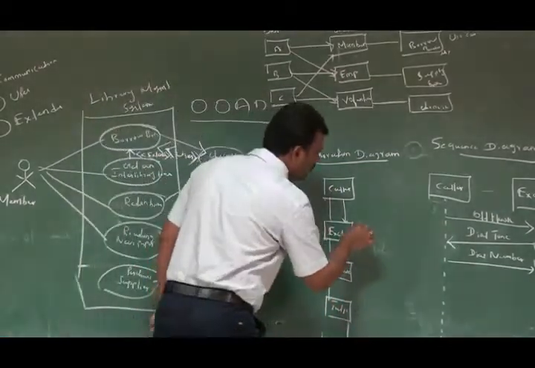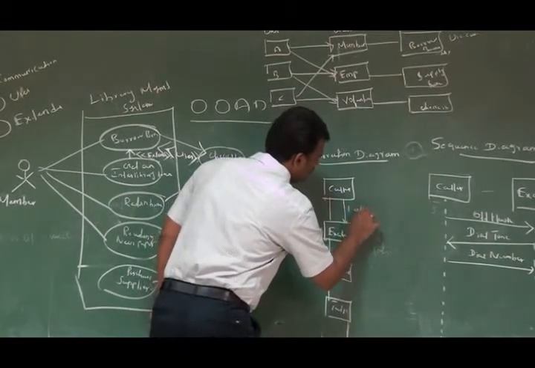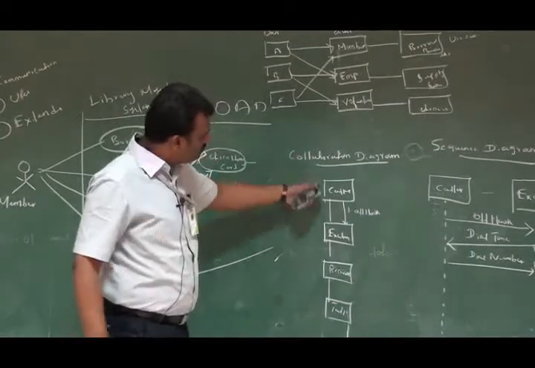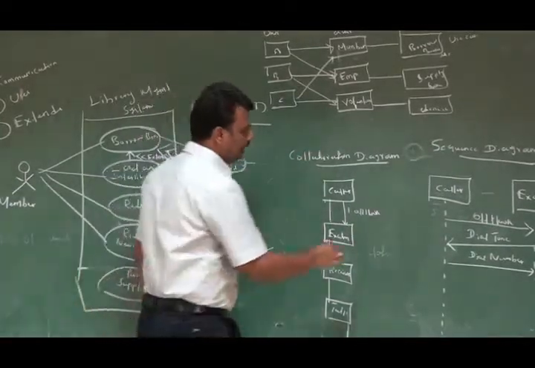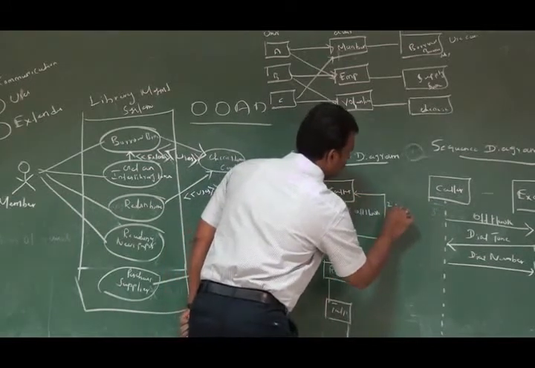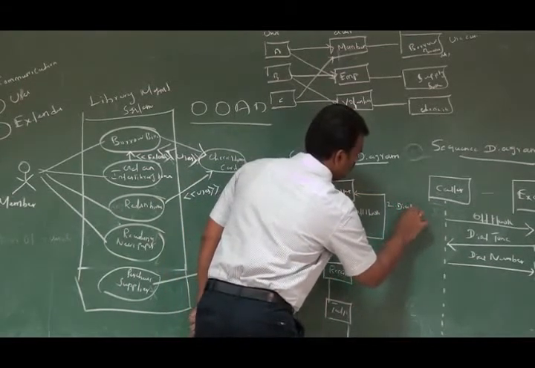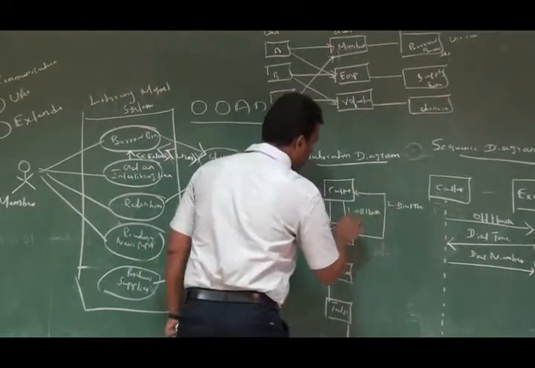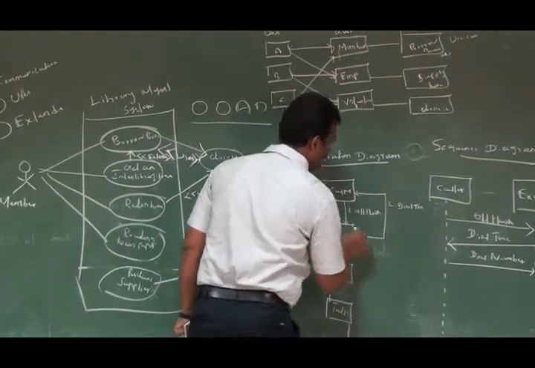The first one is the off hook. The next, from exchange to caller, is the dial tone. The second is the dial tone. What is the third one? Dial number, from caller to exchange.